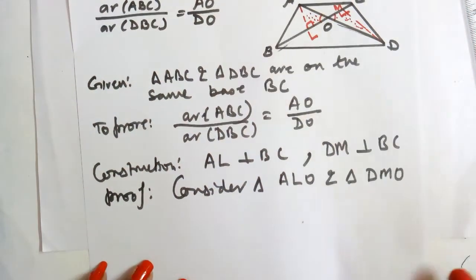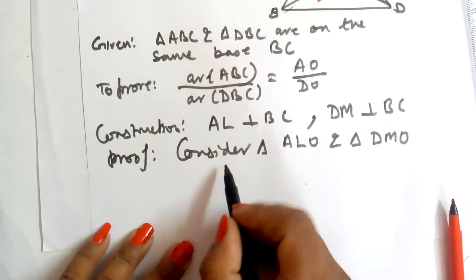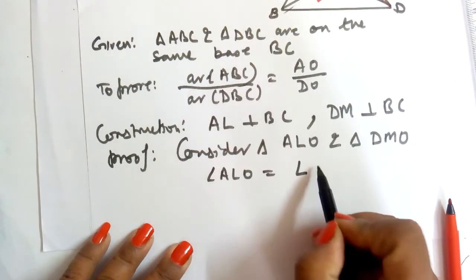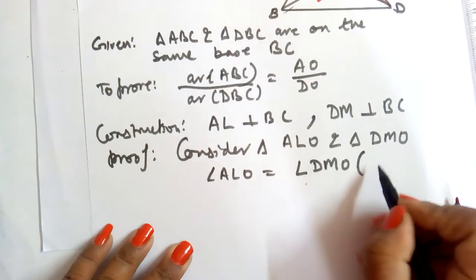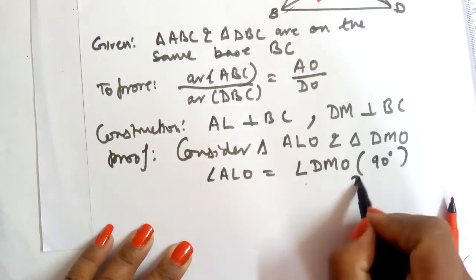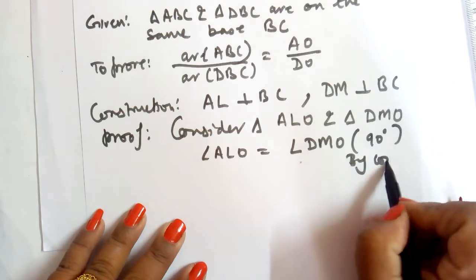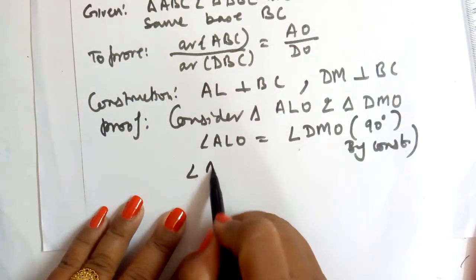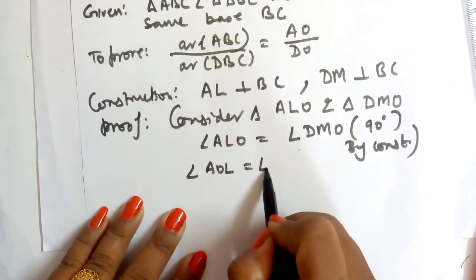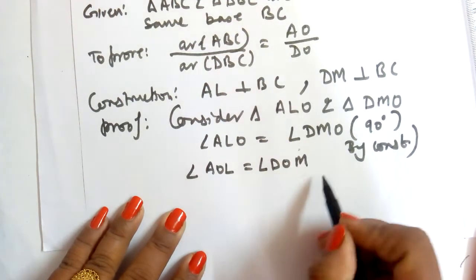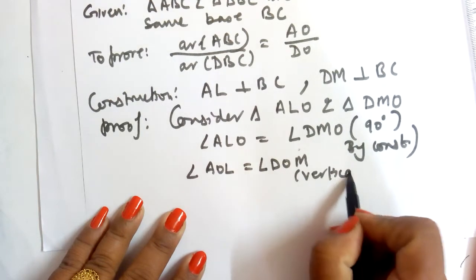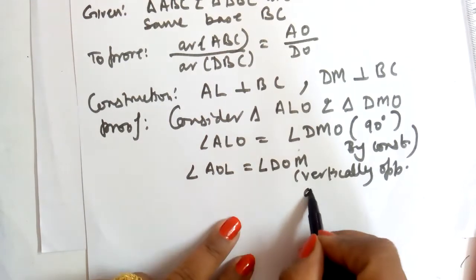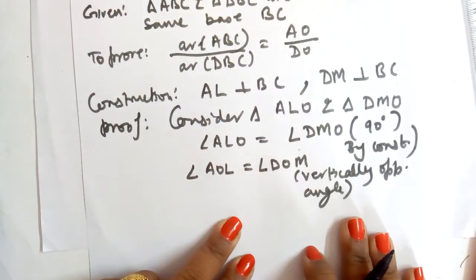So that is the same thing we are going to write here. Angle ALO is equal to angle DMO, 90 degrees, by construction. Now angle AOL is equal to angle DOM, vertically opposite angles.